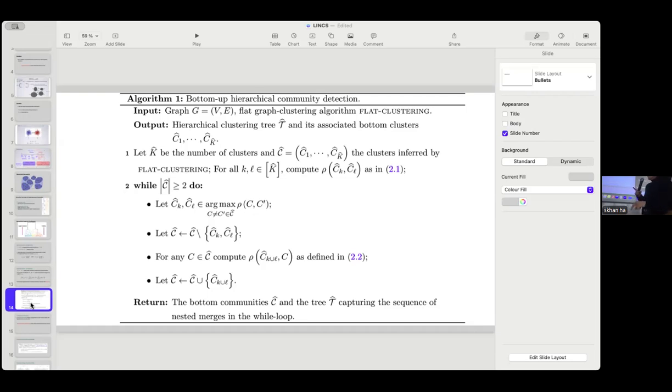If the number of communities is K hat, we compute the distance between any two clusters, and we find the ones that have the maximum similarity. We merge them, we compute new distances, define new clusters, and continue this procedure. With this algorithm, we recover the communities plus the trees. So we have both.